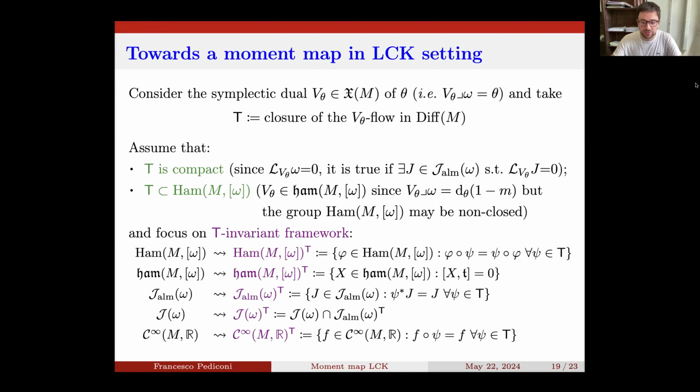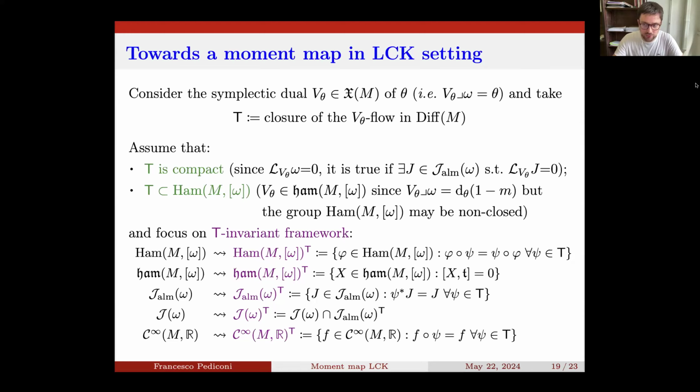And instead of looking at general twisted Hamiltonian automorphisms, you look at those automorphisms that commute with the action of the torus. And instead of looking at smooth functions on the manifold, you look at smooth functions that are T-invariant. That means that they are constant on the orbits of this torus action.